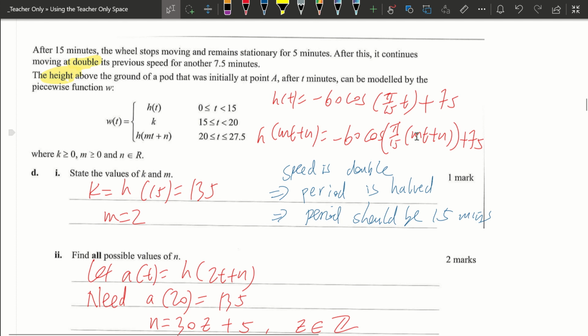But if you look at the function itself, the dilation is m pi over 15. Okay, so the period is that.